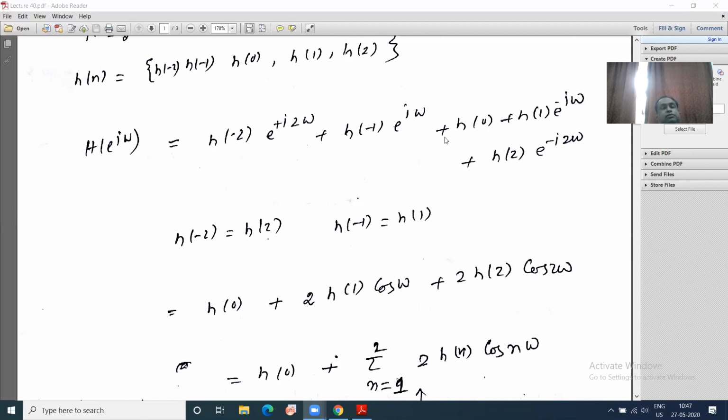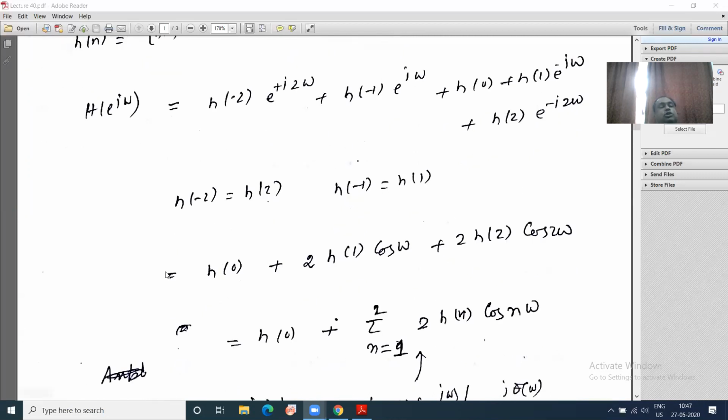And if I combine h of minus 1, which equals h1, this will be 2h1 cos omega. So the transfer function is h0 plus the sum for n equal to 1 to 2 of 2hn cos n omega. Because if we put n equal to 1, it becomes 2h1 cos omega, and if we put n equal to 2, it will be 2h2 cos 2 omega. Therefore, this is the transfer function of the filter.